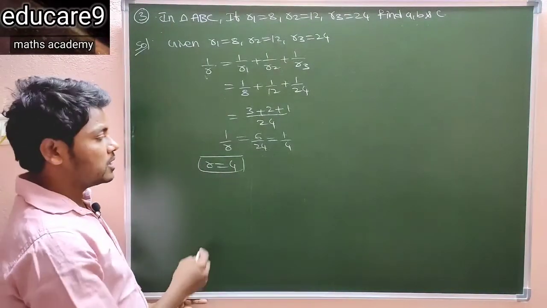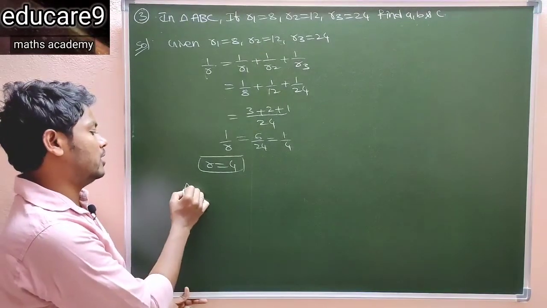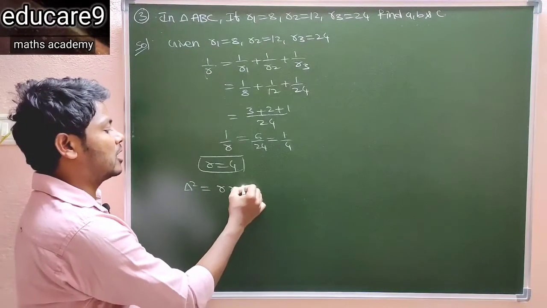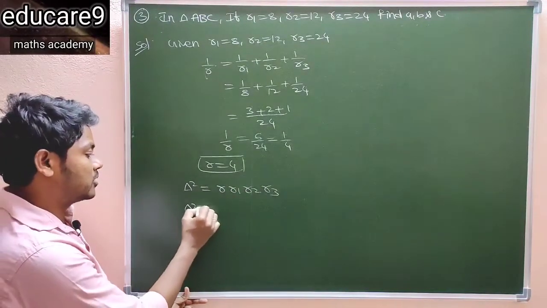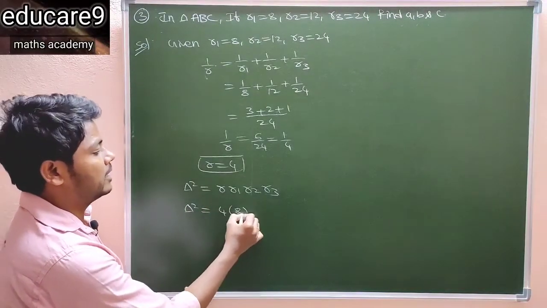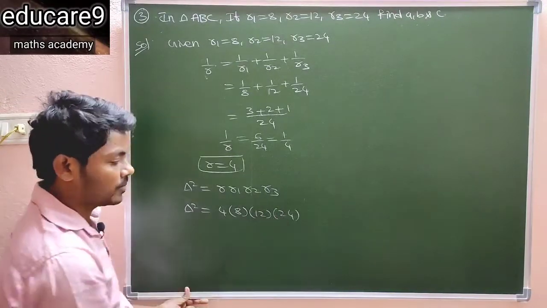Okay. So here first you need to find delta. How to find? Using the delta square formula, that is r, r1, r2, r3. So delta square is equal to r is 4, r1 8, r2 12, r3 24.